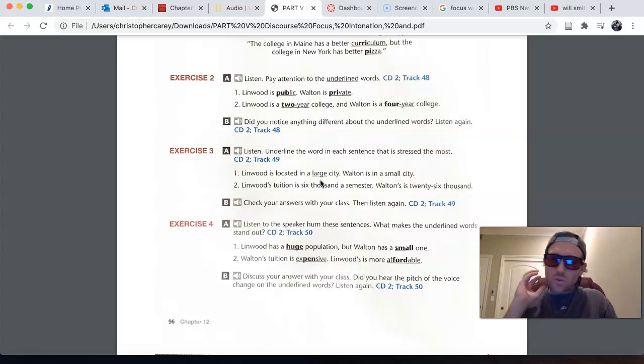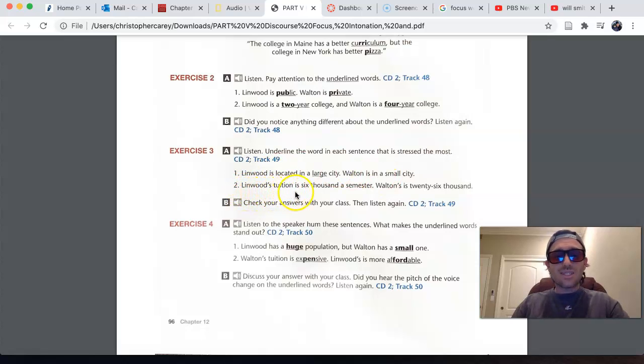And boy, in English, we really try to stress the vowel sound, whichever syllable has word stress. Why? Because we want to make sure that the person gets the information, right? We think it's the most important word, and for that reason, it gets the most word stress. So small, Walton is in a small city.